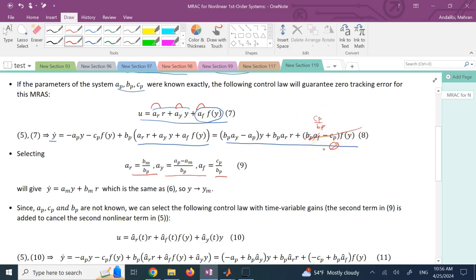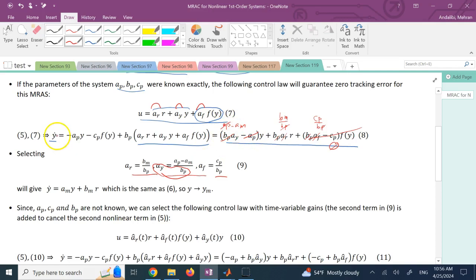That's what I said. ar is bm over bp. So again, these two would cancel. You get bm times r, and then ay here times bp, this whole thing is negative ap or ap minus am. So that whole thing is ap minus am. And here the aps would cancel, and you get negative am.